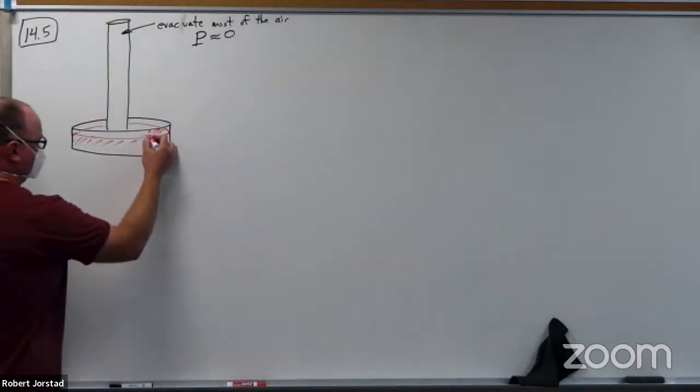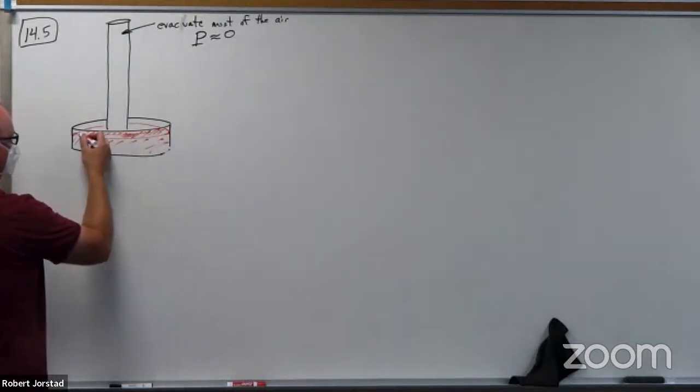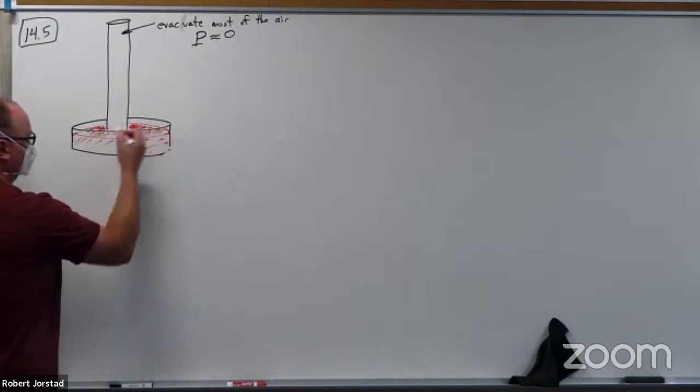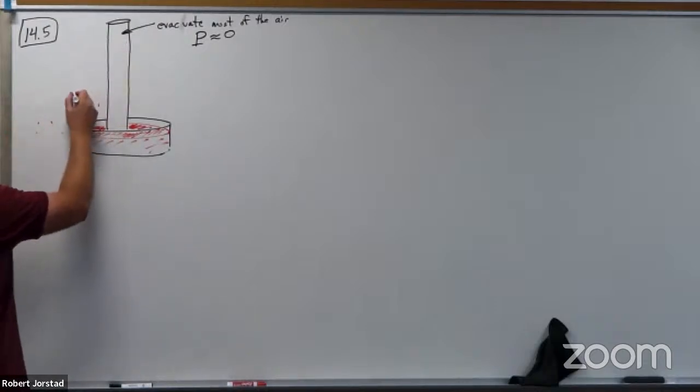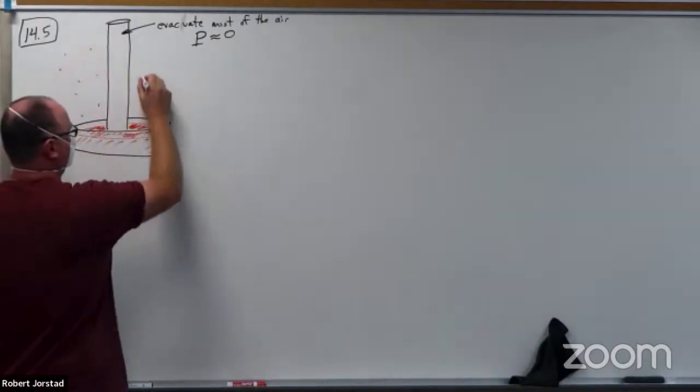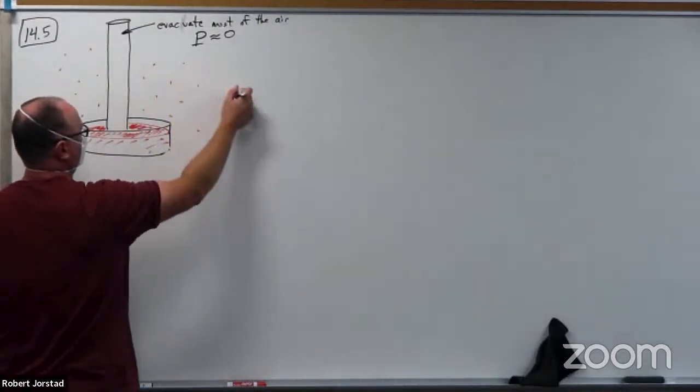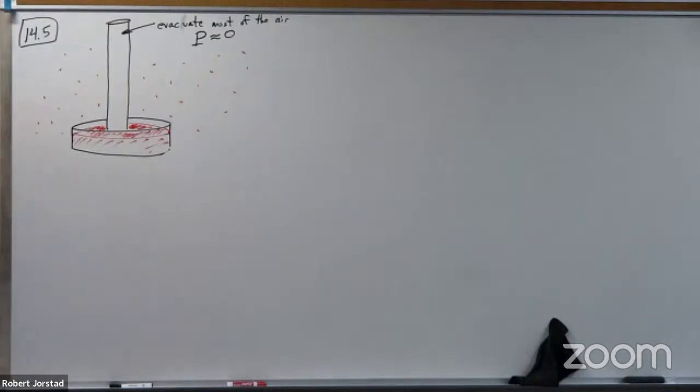Okay? And here's what happens in this scenario. If we have negligible pressure inside of here, but we have atmospheric pressure outside, there's air outside and not much air inside. Let's think about what is the downforce on the mercury inside the tube. If there's approximately 0 pressure here, how much is the lack of air pushing down?